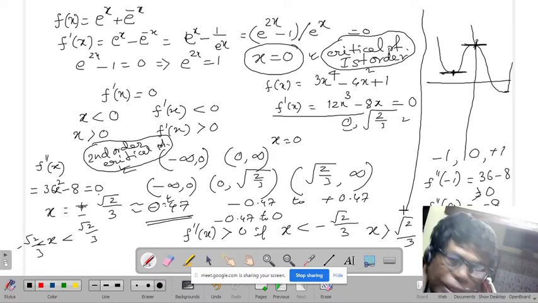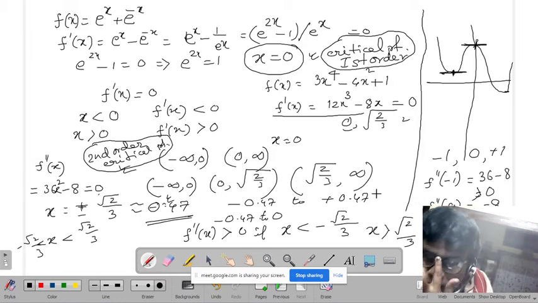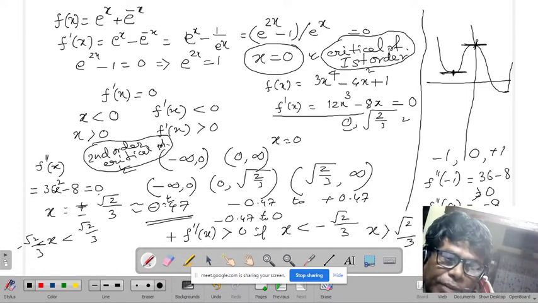So this is the second derivative conclusion, because the second derivative is increasing, not the curve.